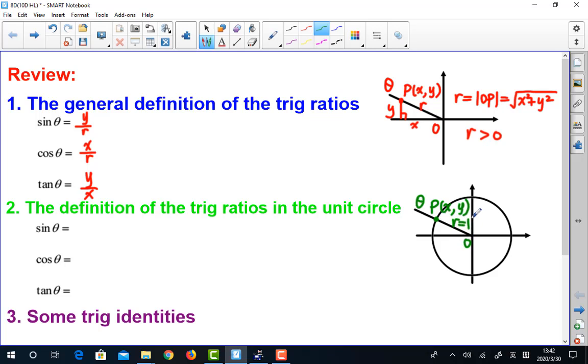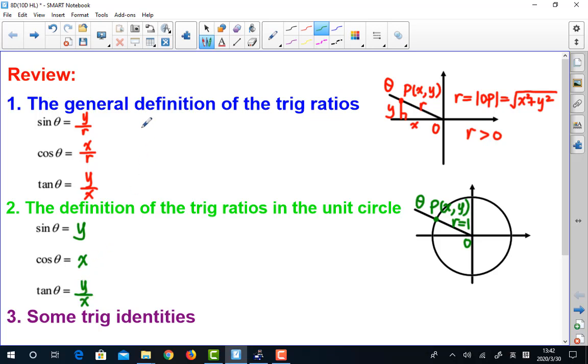This radius is 1. Therefore, sine theta is defined as y over r. R equals 1, it's just y. Cosine theta, x over 1, it's just x. Tangent theta, it's still y over x.